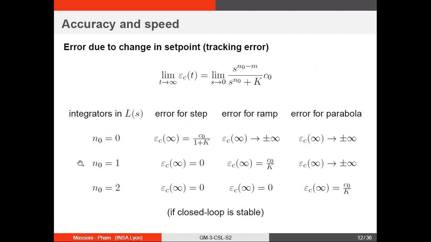If you have n naught greater than m, which is the case for 1 or 2 integrators in the loop, the limit will be 0. If you have a ramp, which means m equal to 1, and no integrators, then you are in the case of infinite steady state value.